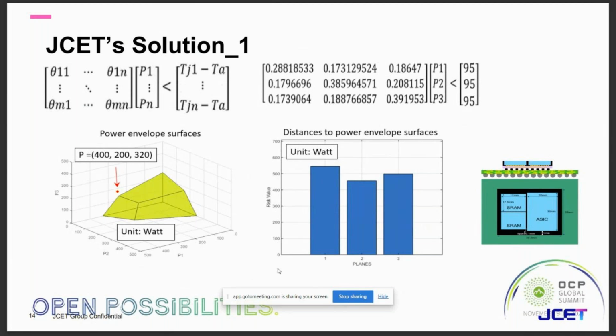Yes. For this one, I'm only able to provide this kind of image, the three surfaces, when there are only three dies. When there are more than three dies, everything will be mathematical, because I can only show you 3D images.